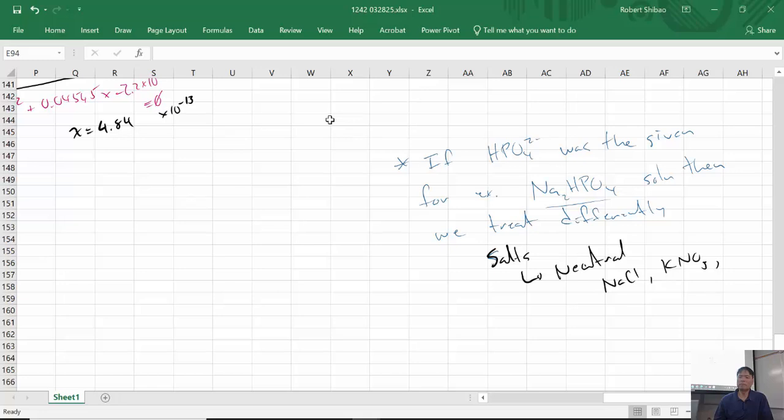But the chloride base is so weak because it's the conjugate base of a strong acid. The conjugate base of a strong acid is so weak we consider it neutral.